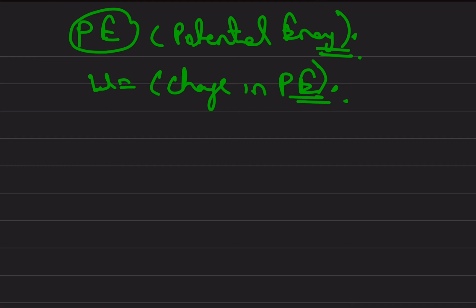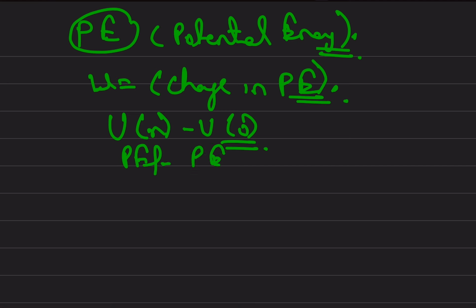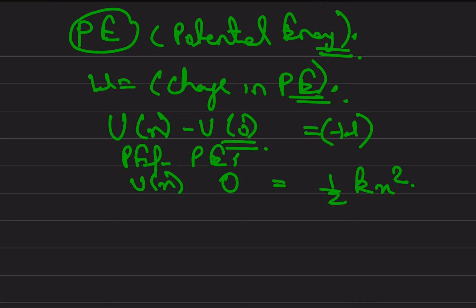Ux minus U0, that is, potential energy final minus potential energy initial, is equal to minus W. Potential energy initial was 0, and potential energy final is equal to half kx square.